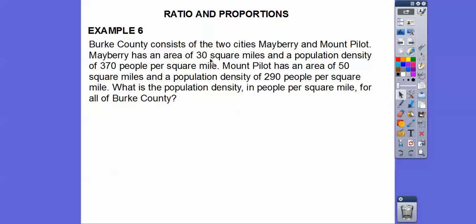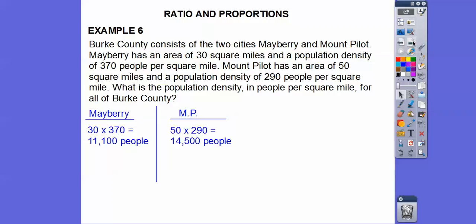Okay, so what we got to do is add the totals together right here. Well, here's the Mayberry totals right here. So there's 30 square miles, 370 per square mile. So we're going to estimate about 11,100 people. And Mount Pilot similarly is 14,500 people.